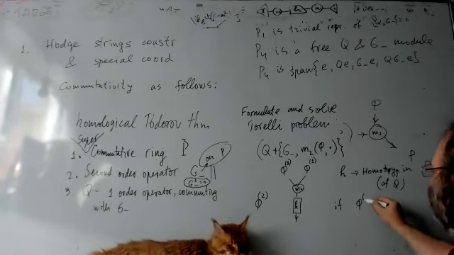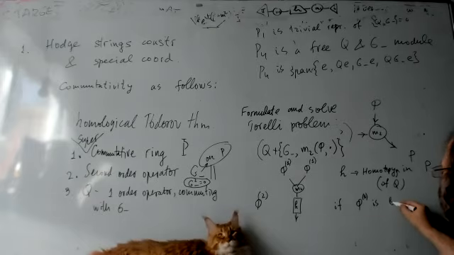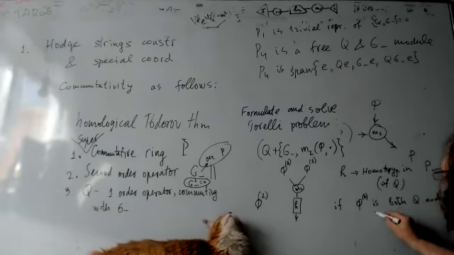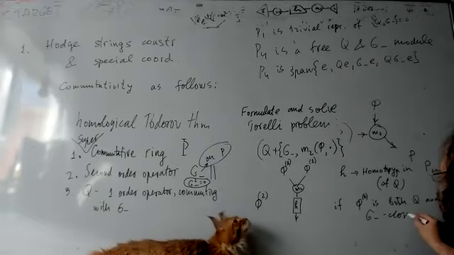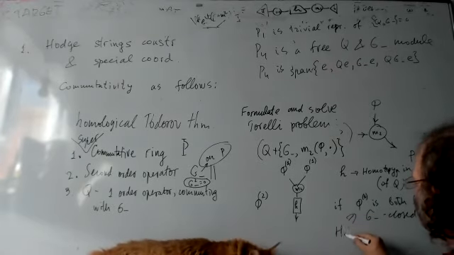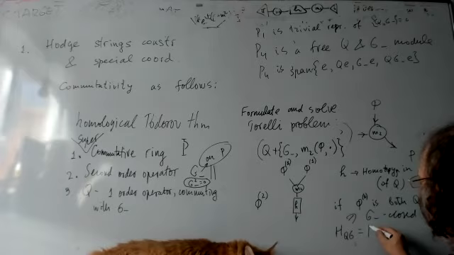If phi1 is both Q and G minus closed, so if it is in what I called QG cohomology, that is P1.